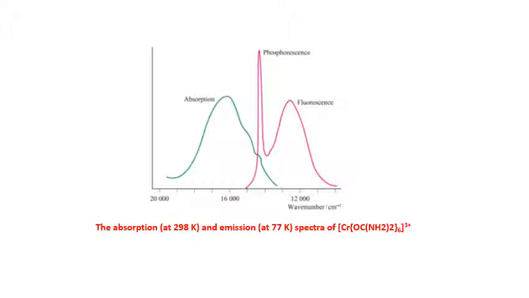So from the Jablonski diagram we understood this kind of transition, how to analyze them, and the red shift and blue shift of fluorescence and phosphorescence as compared to the absorbed radiation.